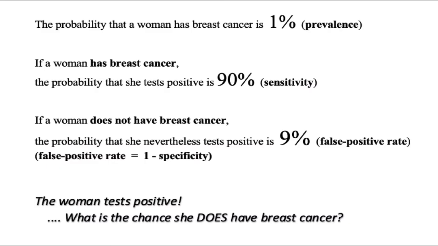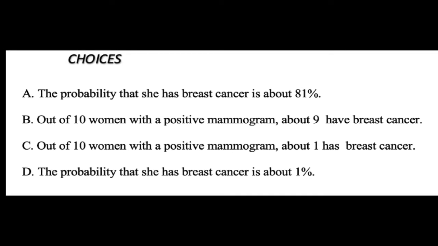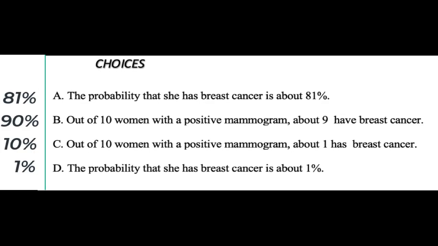The prevalence is 1%, the sensitivity is 90%, the specificity, or 1 minus the false positive rate, is 91%. What is the chance the woman actually has breast cancer? The choices are A, 81%, B, 90%, C, 10%, and D, 1%, the same as the prevalence.